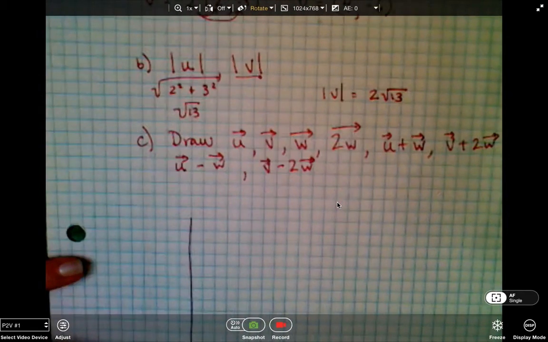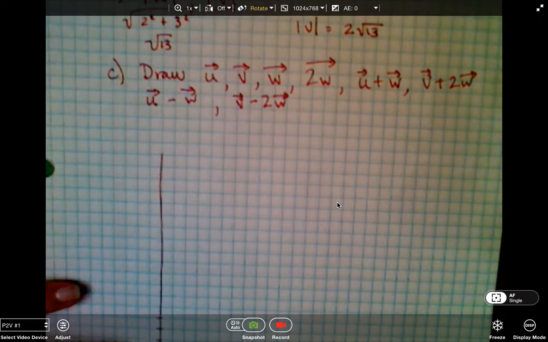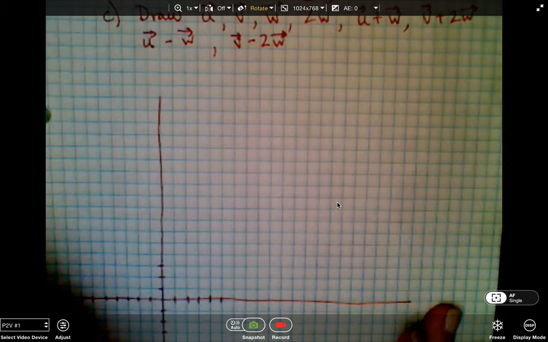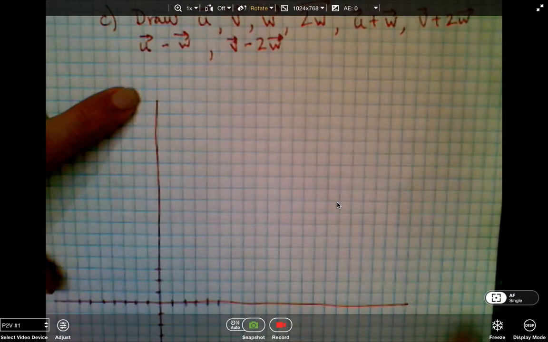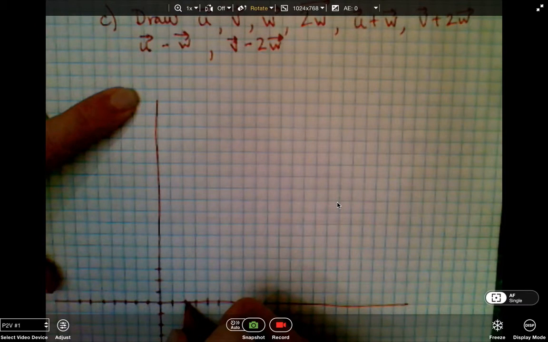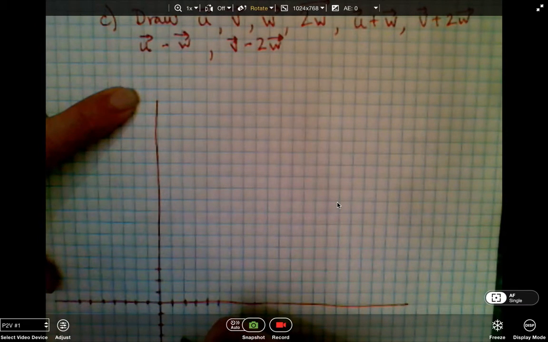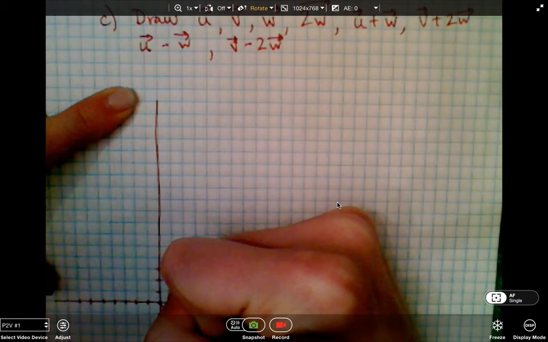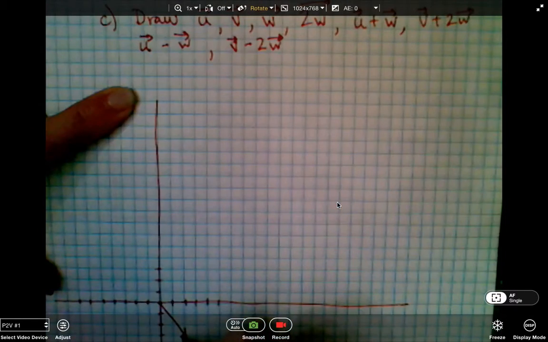Okay. We're going to do some drawing now, so let's look at the coordinate plane here. So we're going to draw vector u. So u starts at the origin. It's going to go 2, -3. So here is u.